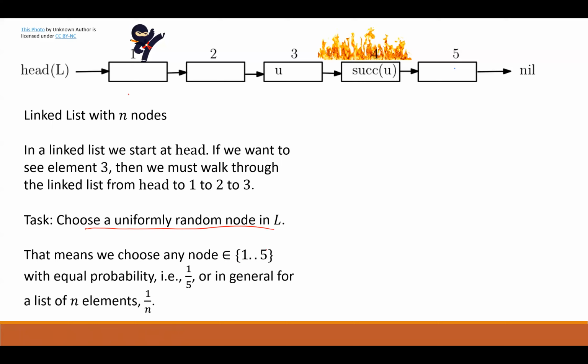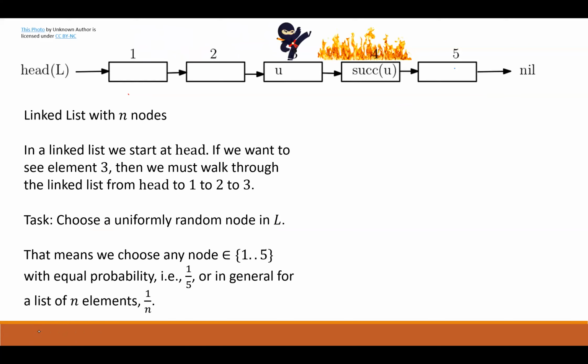In this case, my linked list has 5 nodes. So when you ask for a random node, I'm going to return any one of these with probability 1/5. So it's probability 1/5 that I return what's in 3, probability 1/5 that I return what's in 2, etc. Okay, so that's our problem, returning a random element from a linked list.